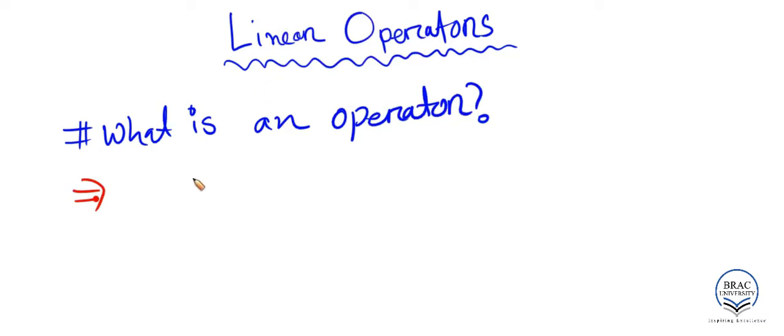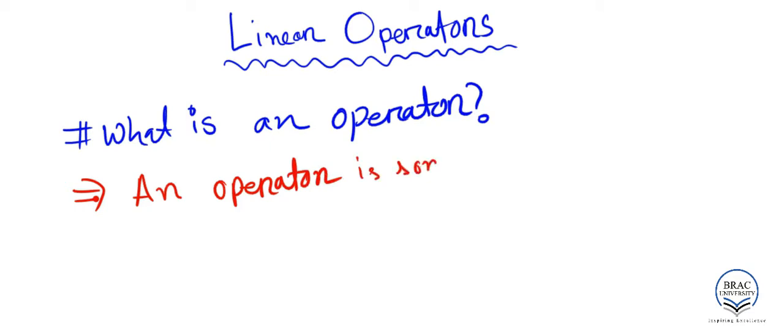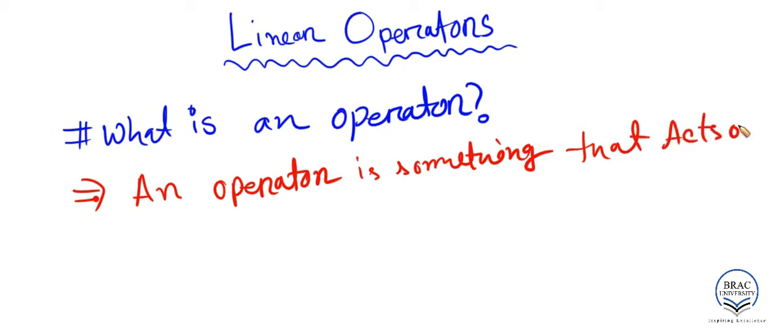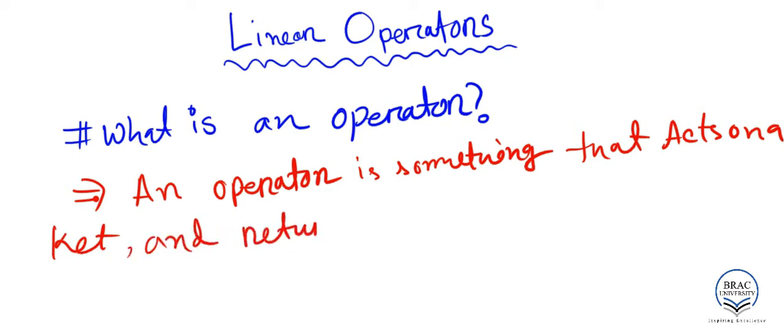And in the notion of our Dirac notation, or the bracket notation, we say that an operator is something that acts on a ket and returns another ket.